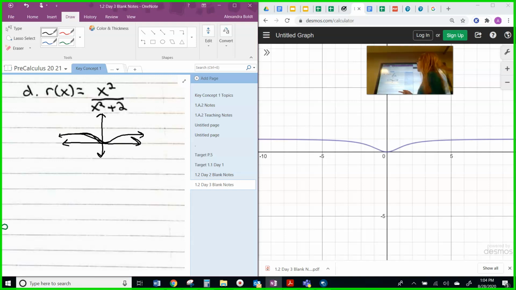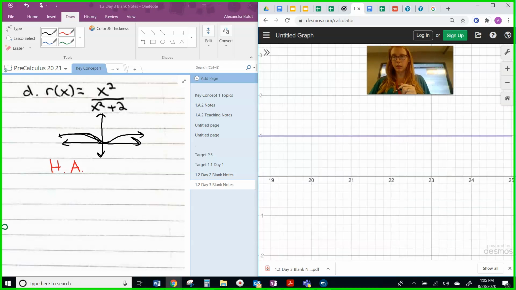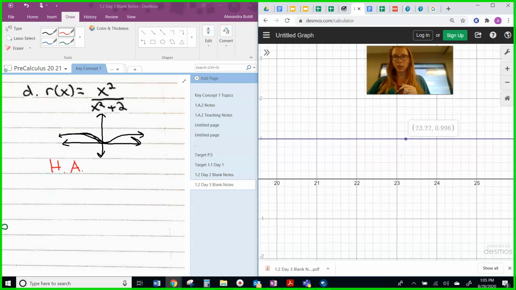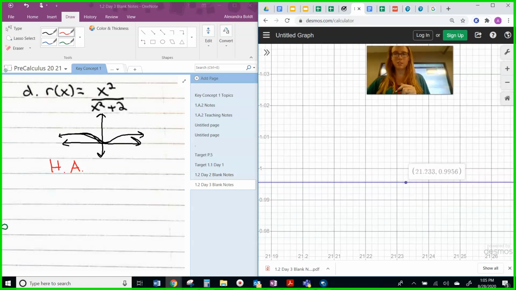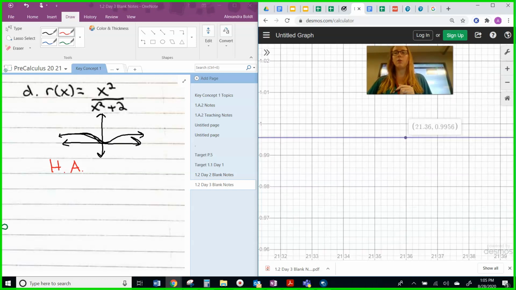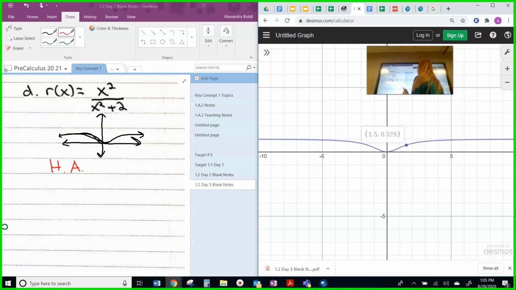Okay, so first, horizontal asymptotes. This one has one, right? As you see, it's getting closer and closer to 1, but it's never actually touching it. If I zoom in, it's never actually going to hit. I can keep zooming and it's not actually there.